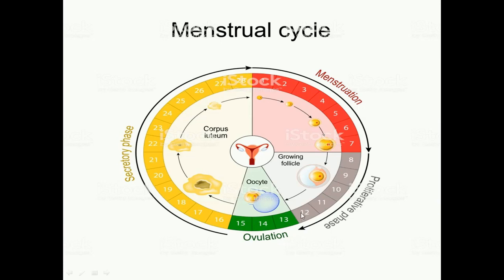Now day 13, after formation of the tertiary follicle, ovum is released. This ovulation is one of the important dates we marked. From day 13 to day 15, the ovulation can occur. So it can happen between the 13th to 14th day. The ovum gets released from the tertiary ovarian follicle.